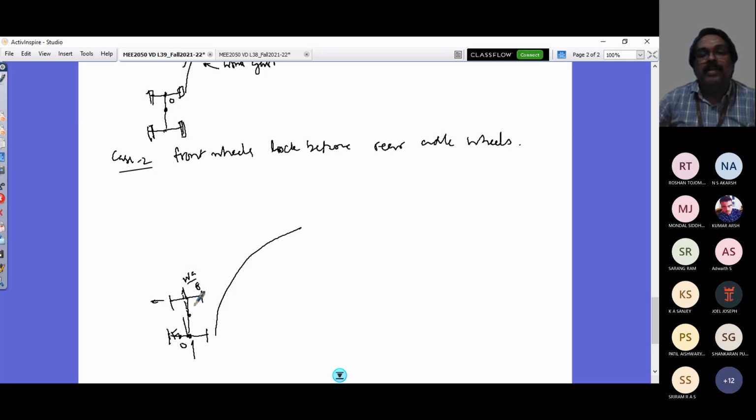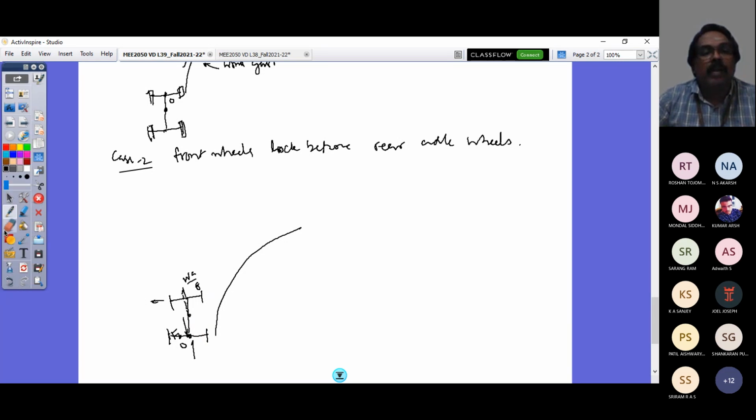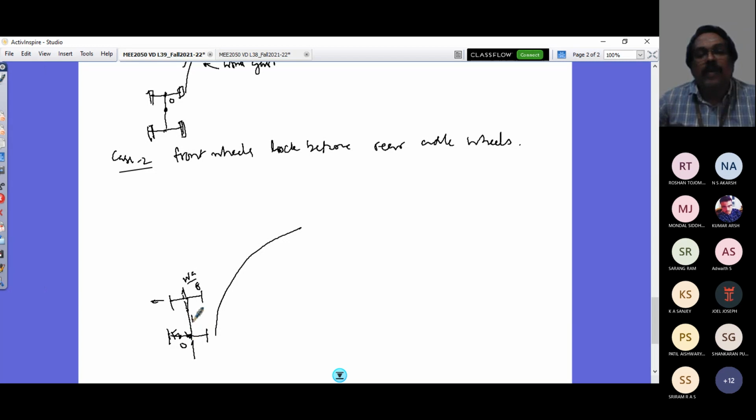So now you look at this direction. This couple is going to be bringing in, when this goes like that, this is going to be bringing in your couple, right? I'm sorry, this diagram. This is my FB.